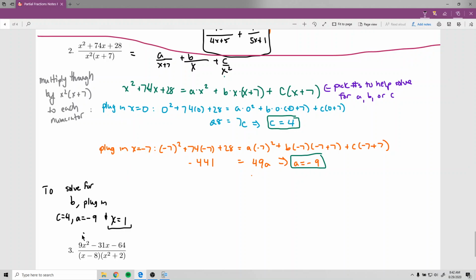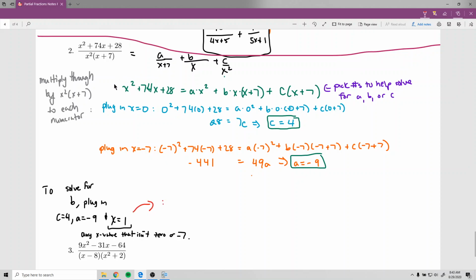I'm going to plug in 1. If you plug in 0 again, you're going to get the same thing, so naturally, it's not going to be helpful.